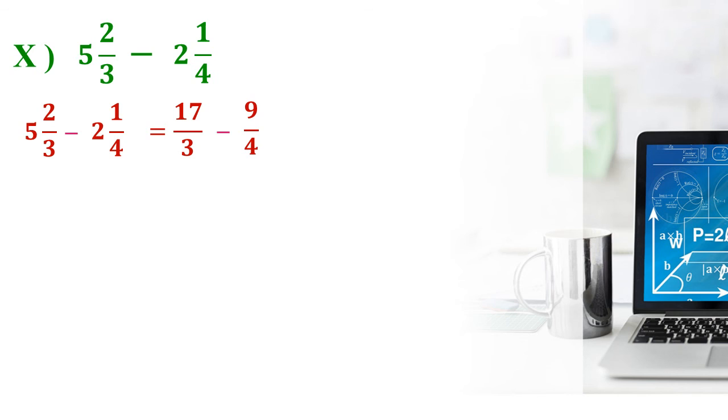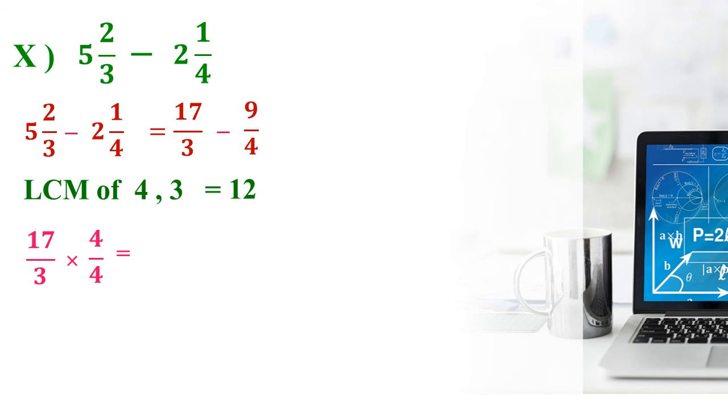So let us find the LCM of the denominators. The LCM of 4 comma 3 equal to 12. So let us find the equivalent fractions. Now we will multiply the numerator and denominator of the fraction 17/3 by 4.